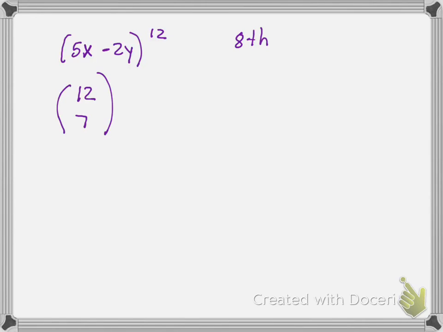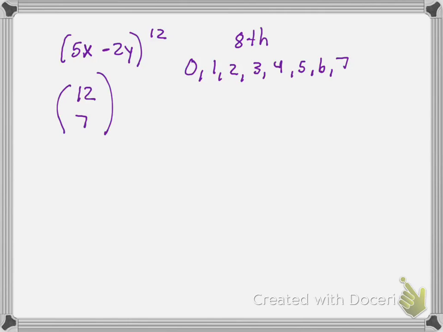Moving on to finding specific terms of a binomial. The example here says find the 8th term of the binomial 5x minus 2y to the 12th. So if we find the 8th term, remember the 8th term is actually in the Pascal number. It's actually in the 7 because we start with 0. So we have 0, 1, 2, 3, 4, 5, 6, 7, which is still 8 terms, right?